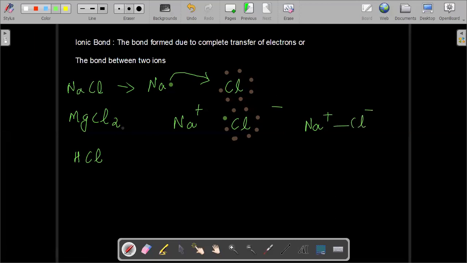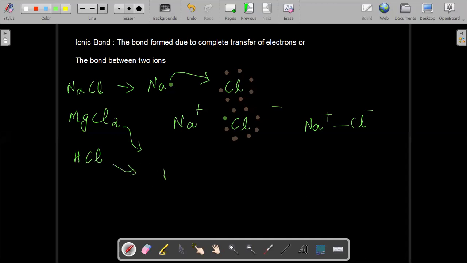In the same way, can anyone tell me how the bond in MgCl2 will be formed? Okay, first try with HCl. How is the bond formed in HCl? Sir, H with one ion. Okay, which one will form the positive ion and which one the negative ion? Sir, hydrogen will form the positive ion and chlorine will form the negative ion.